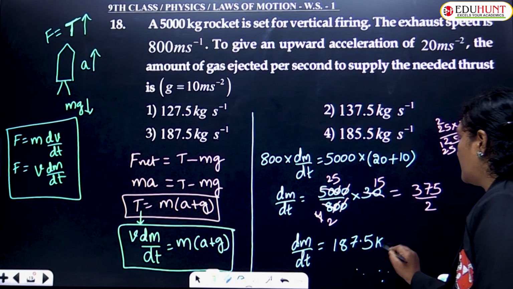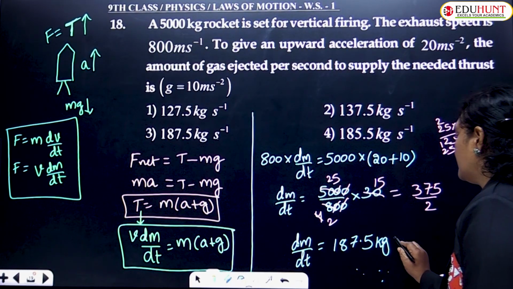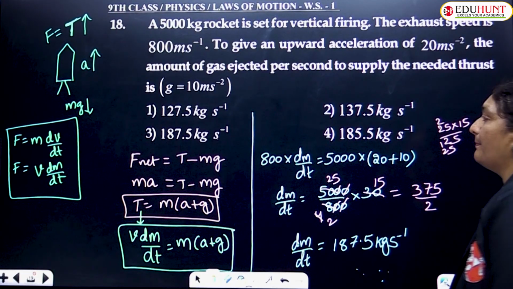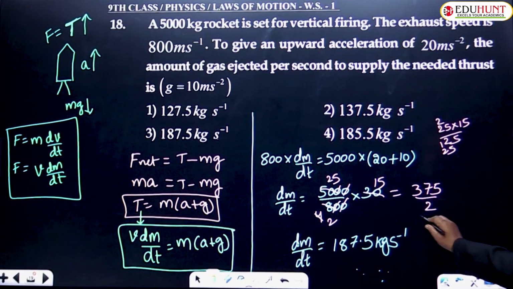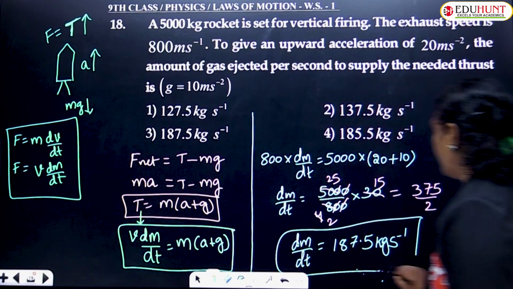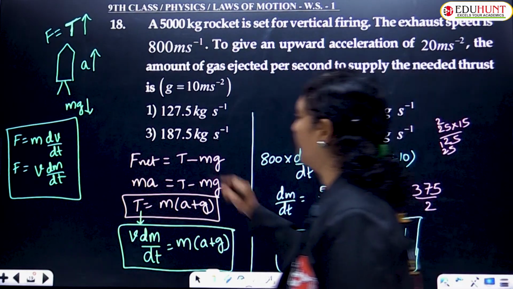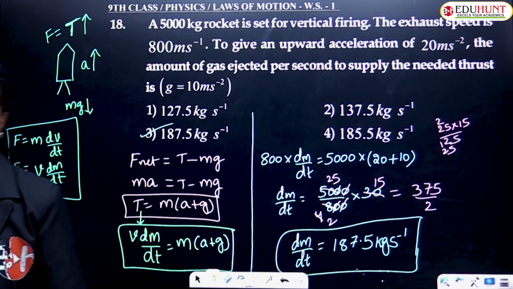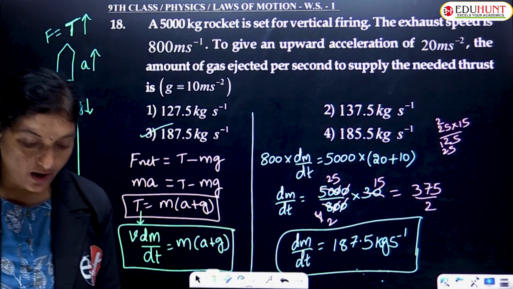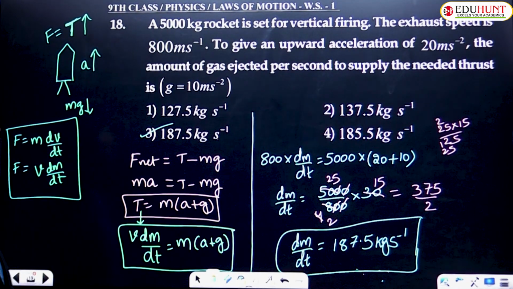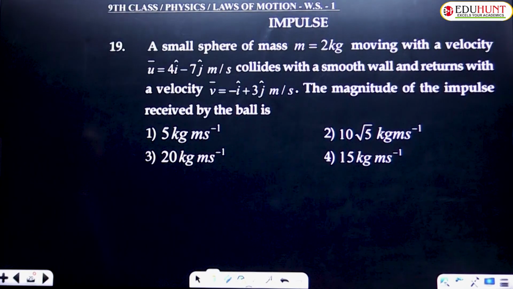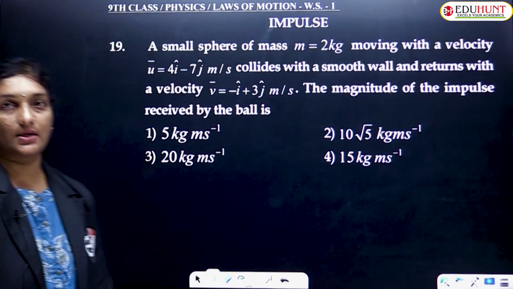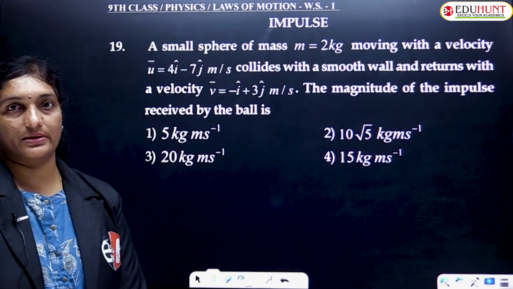Mass is measured in kg and time is measured in seconds, so the unit is kg per second. Hence your final answer must be 187.5 kg per second. So option number 3 must be true, that is 187.5 kg per second.